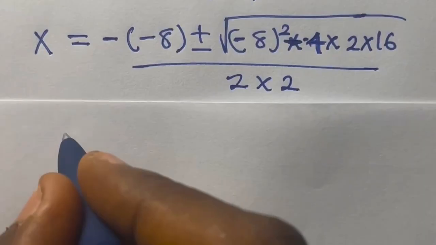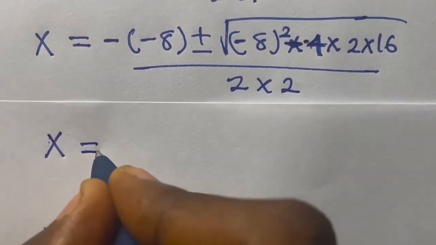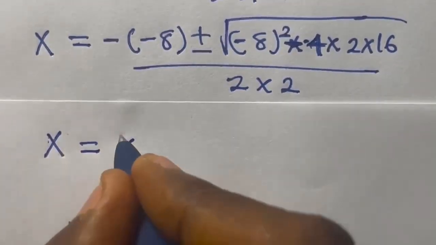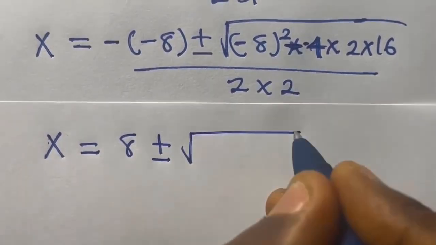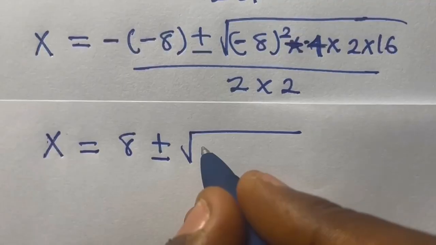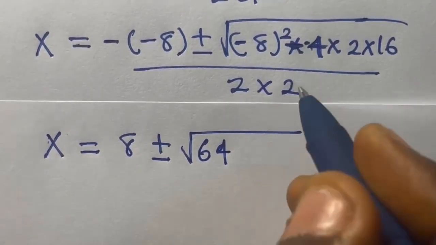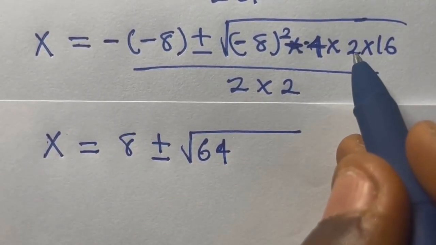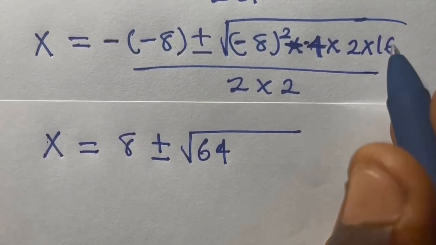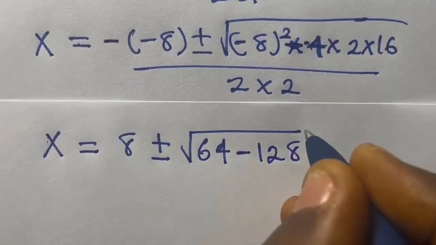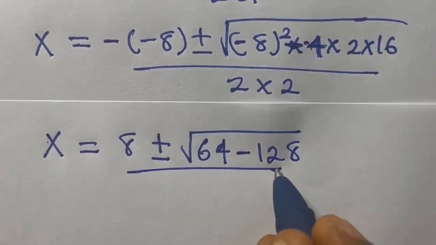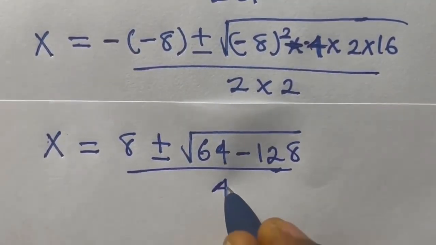So x equals 8 plus or minus the square root of 64 minus 128, divided by 4.